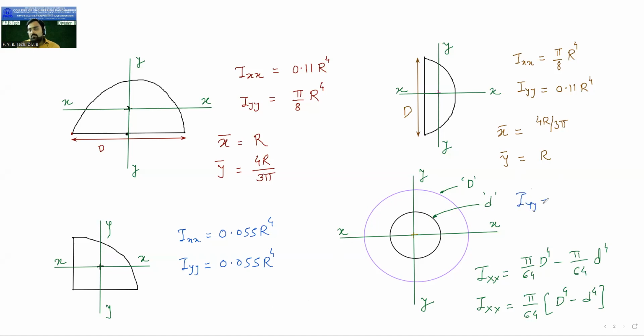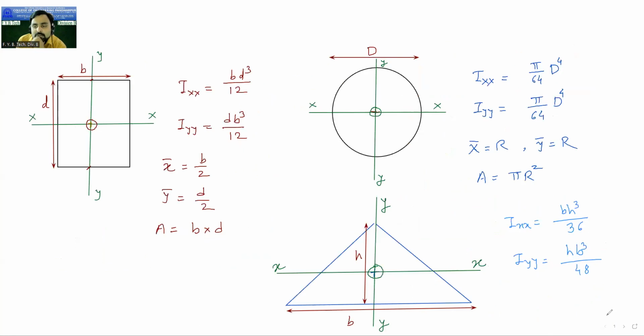So Iyy is also equal to pi by 64 capital D raised to 4 minus small d raised to 4. Okay. Is it clear? Is there any doubt in this?